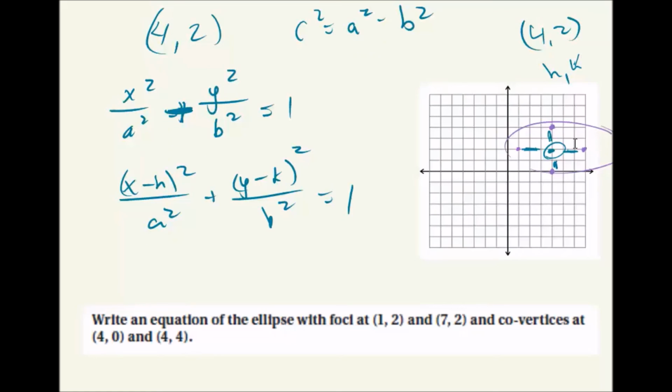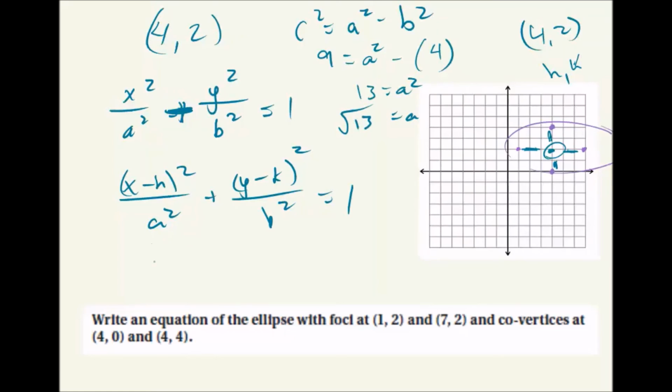C squared is going to be how we find what we plug in this equation. So that distance was 3. So that's 3 squared, which is 9, equals a squared, which is what we're looking for, minus b squared, which is 2 squared, which is 4. 13 equals a squared. a is equal to the square root of 13.